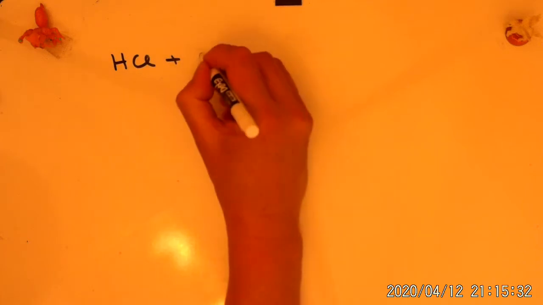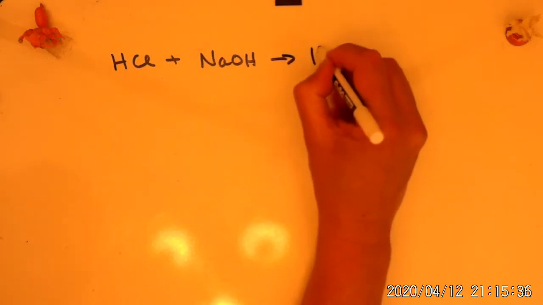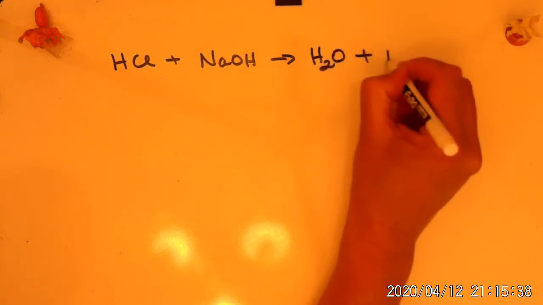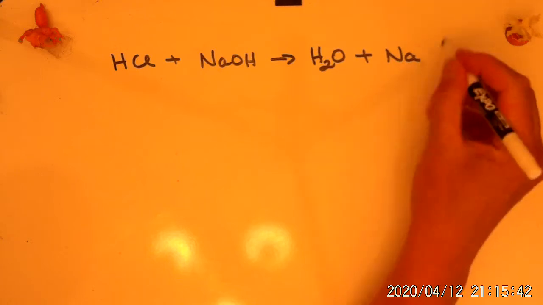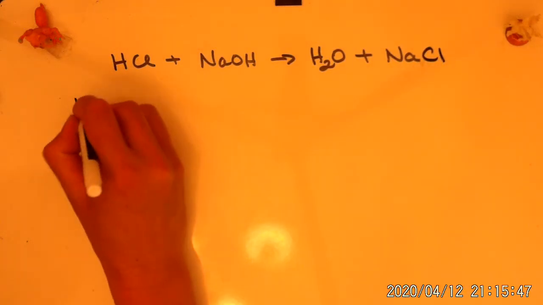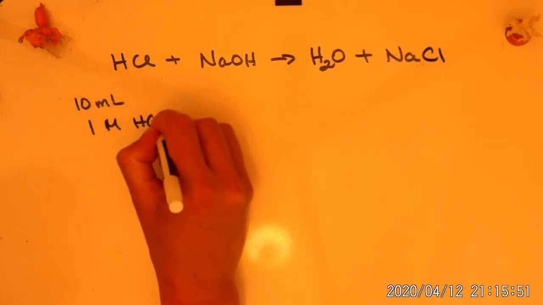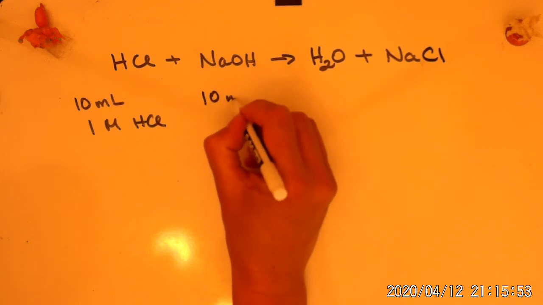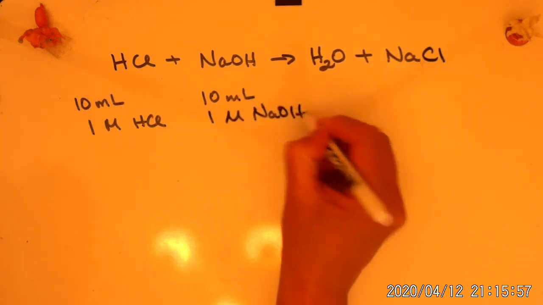If I just take something like hydrochloric acid, I react it with sodium hydroxide. Turns out if I use, let's say, 10 milliliters of 1 molar HCl, and I react it with 10 milliliters of 1 molar sodium hydroxide, okay?